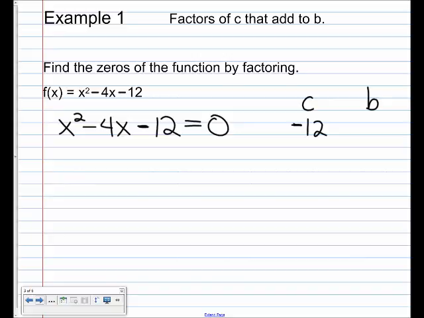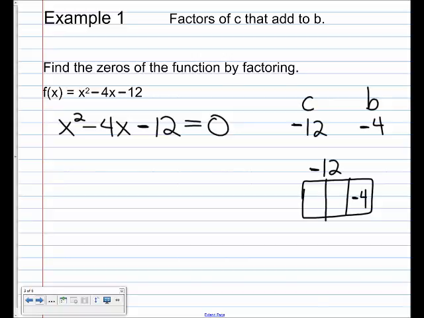Again, a, there's no number there, so what is a? 1. What's b? Negative 4. And c? Negative 12. Very good. So my b is negative 4. Now watch this, because this is what we did yesterday. I'm going to write negative 12 here, and I want the sum to be negative 4.